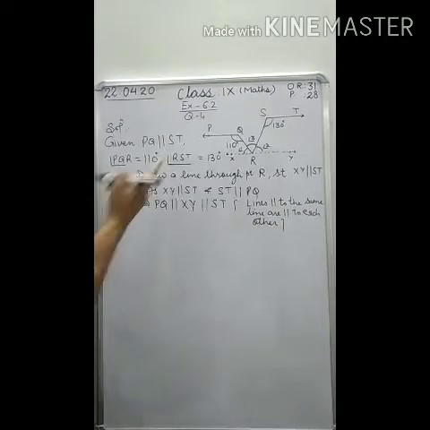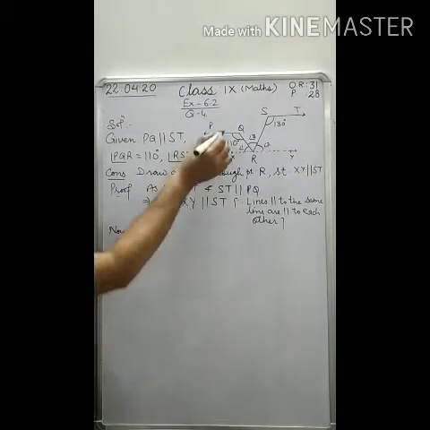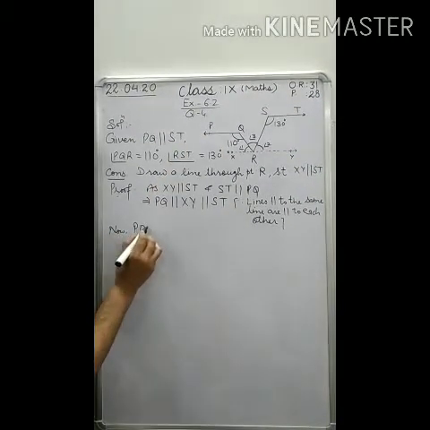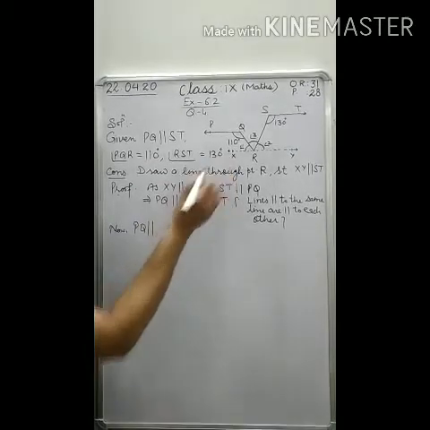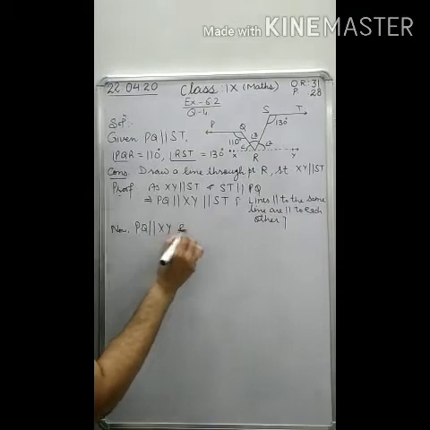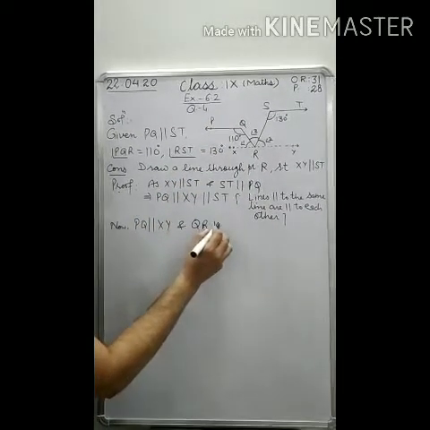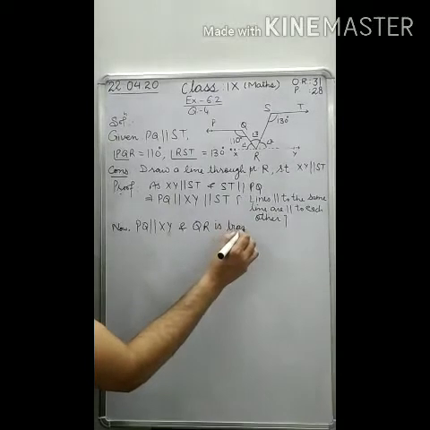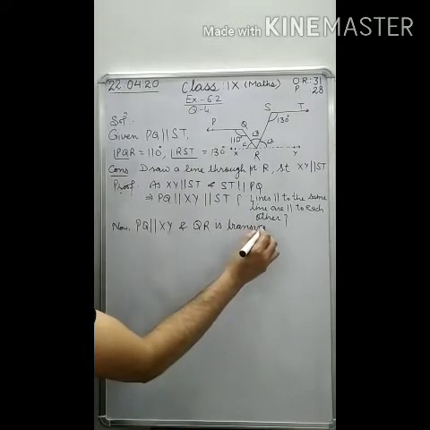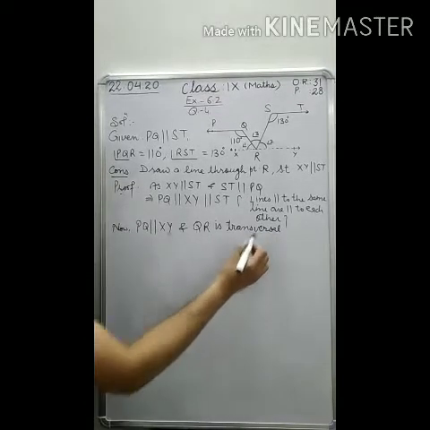Now you take these two lines. Now PQ is parallel to XY, and this QR is transversal.